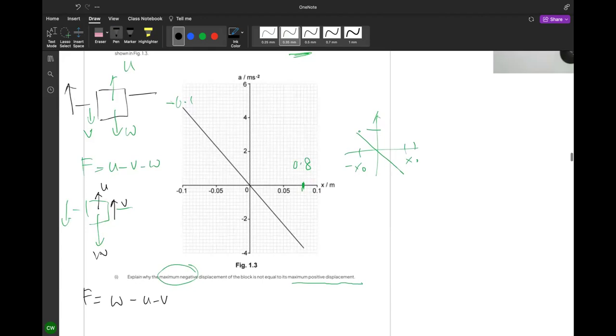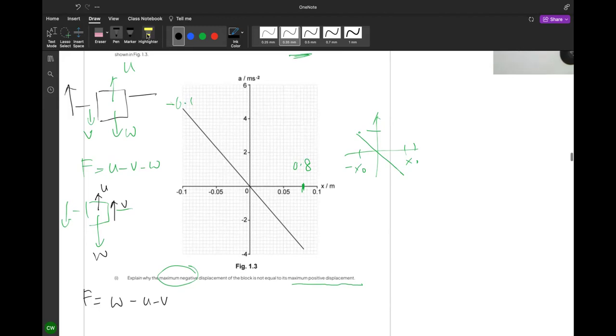When you're moving down, weight minus these two, up thrust minus the other two. Okay, so we can see that why are they not the same is because of this one and this one.